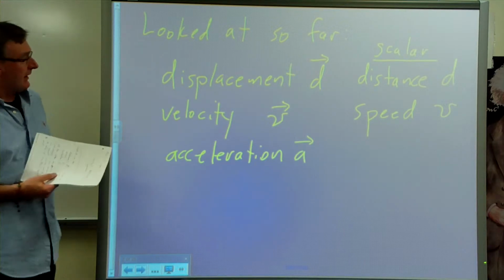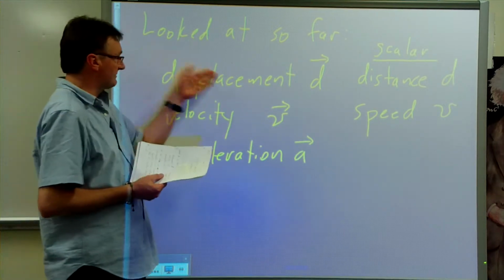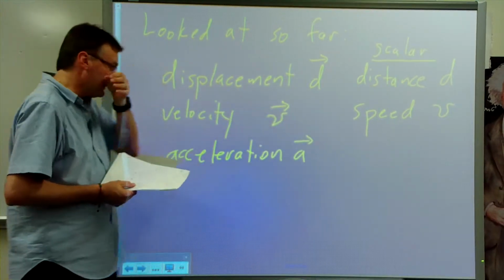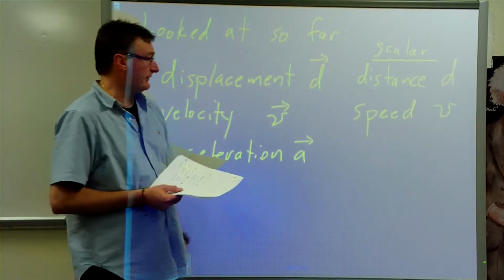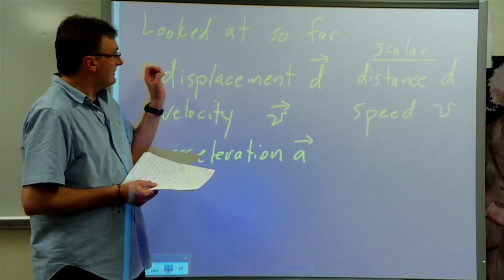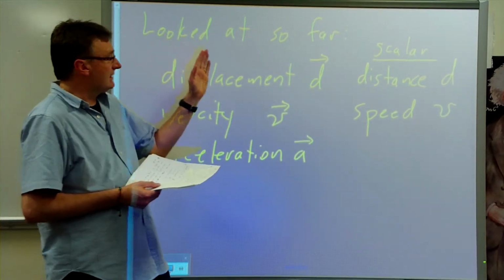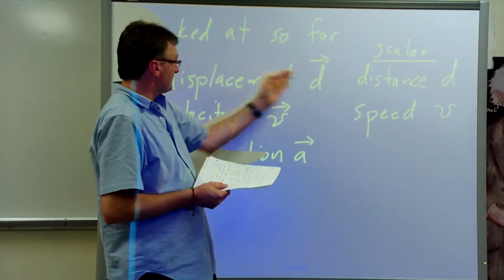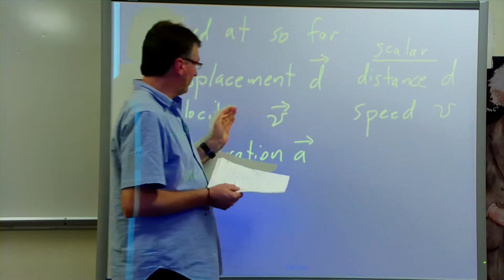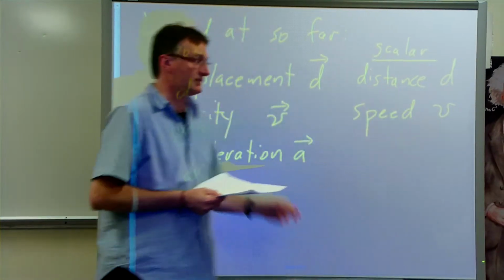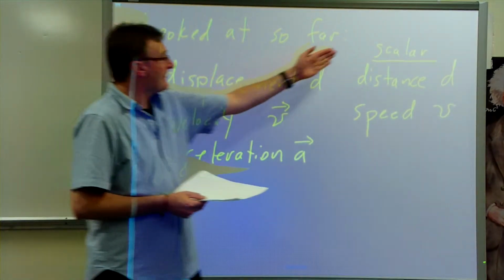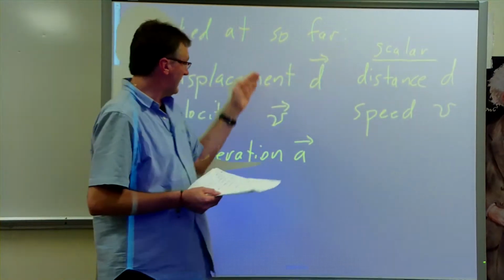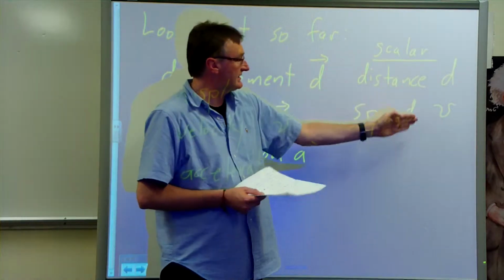Now what we've looked at so far is displacement, which is a vector, velocity, which is a vector, and acceleration, which is also a vector. The corresponding scalar quantities for displacement and velocity are distance and speed.